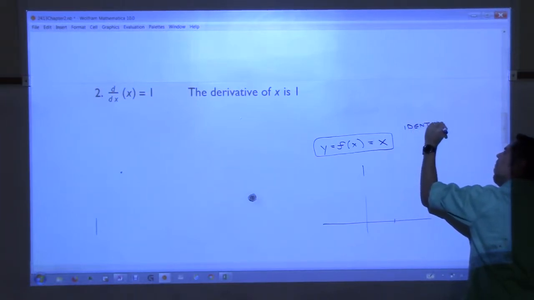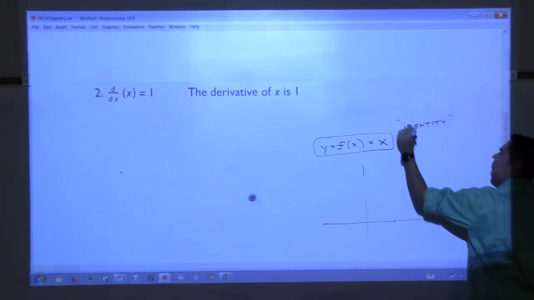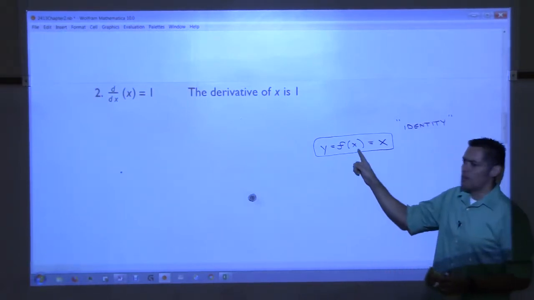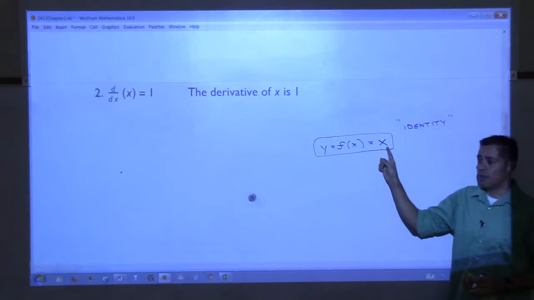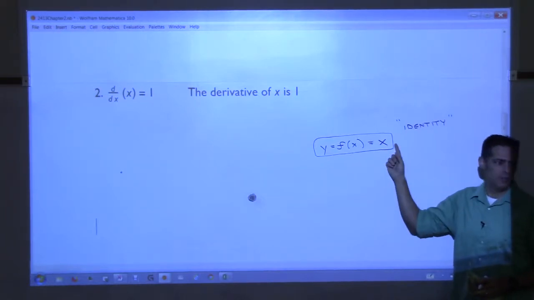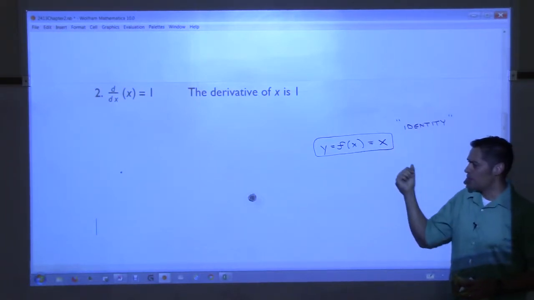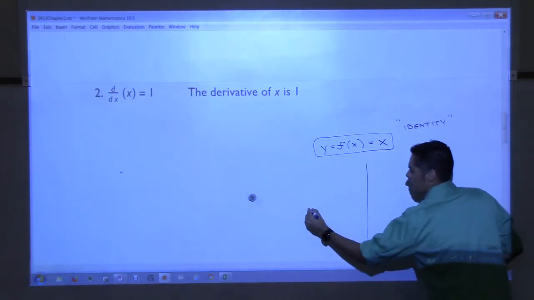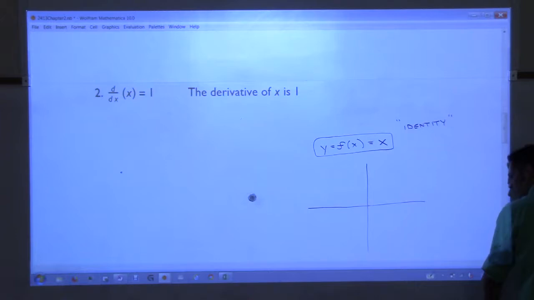Do you remember that? The reason they call it the identity function is because what goes into the function is identical to what comes out. You plug in 2, it spits out 2. You plug in 3, it spits out 3. So this is the identity, and when we graph it, what does it look like? Like the diagonal? It's that perfect diagonal line.